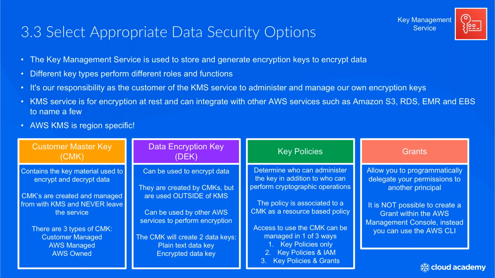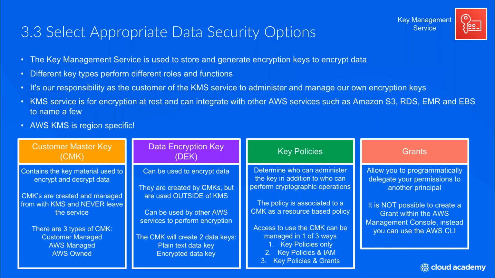You also need to be aware that AWS KMS is not a multi-region service like IAM is, for example. It is region specific. So if you create a key in one region, then you cannot use that same key in a different region. That's key to highlight and something to be aware of.